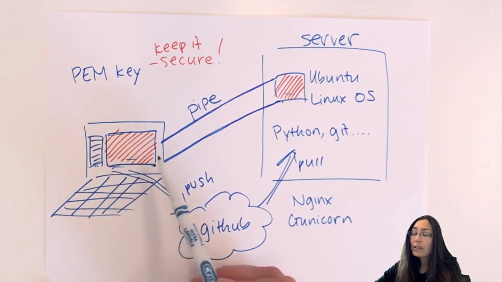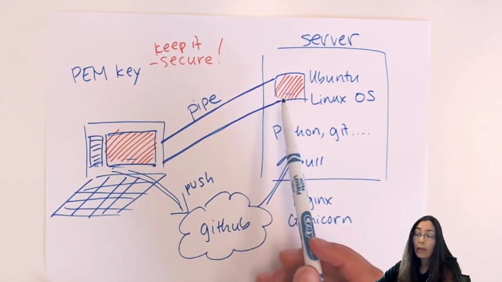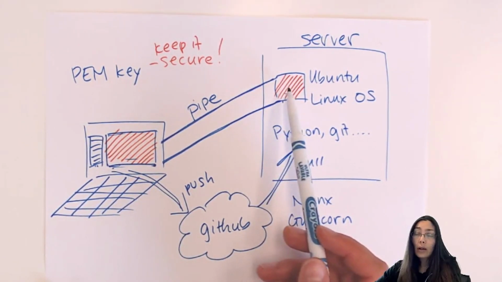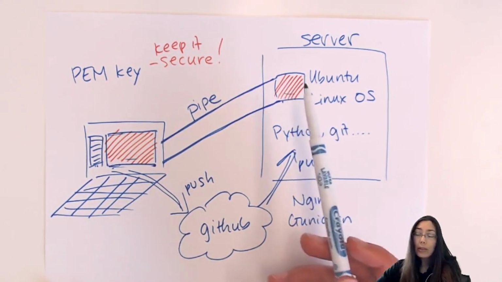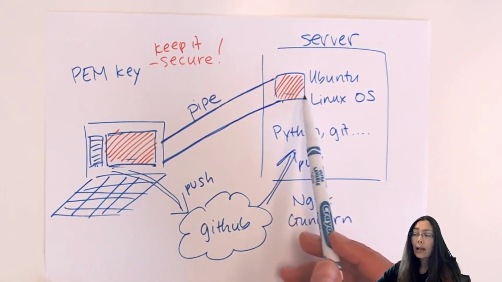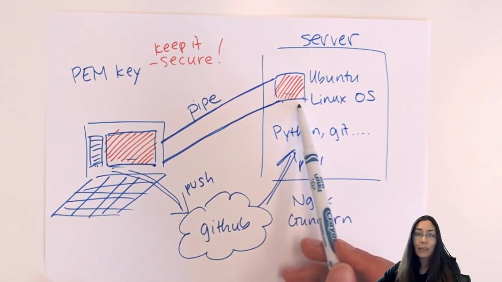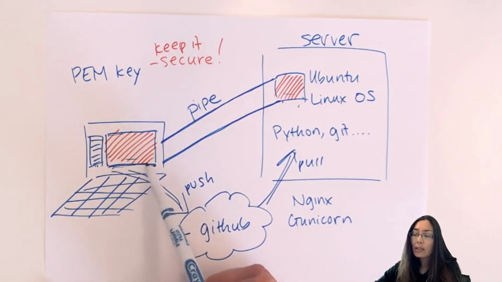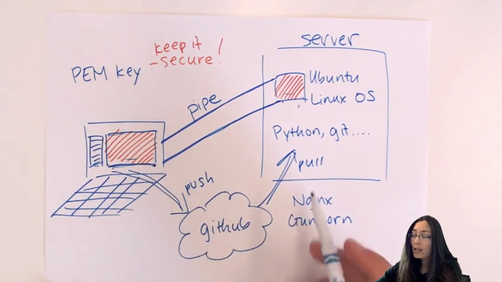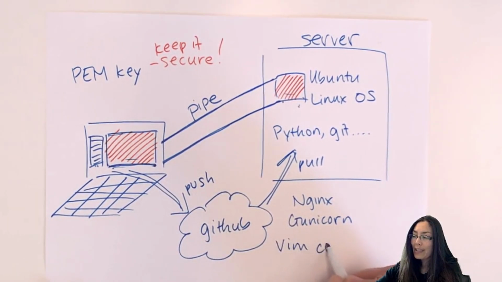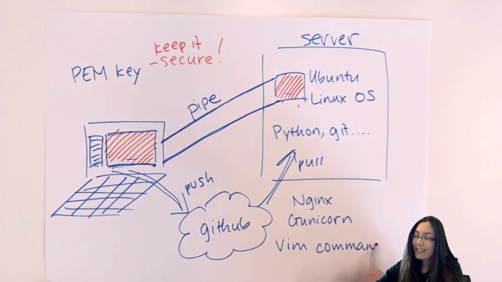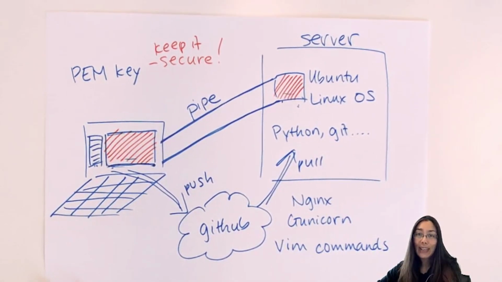But yeah, there's no way that we can have VS Code or any of the other lovely GUIs that we like, such as MySQL Workbench. We can't have those on here because there's no monitor, there's no mouse over here on this computer. Okay, you are limited to what you can do through terminal commands. So you're going to have to get pretty good at your Vim commands. Okay, Vim is your text editor now, and so get used to it.